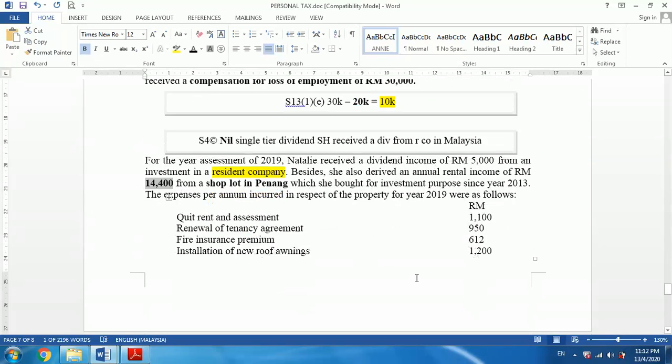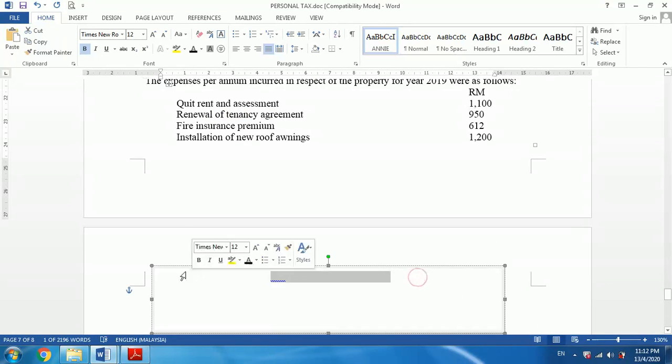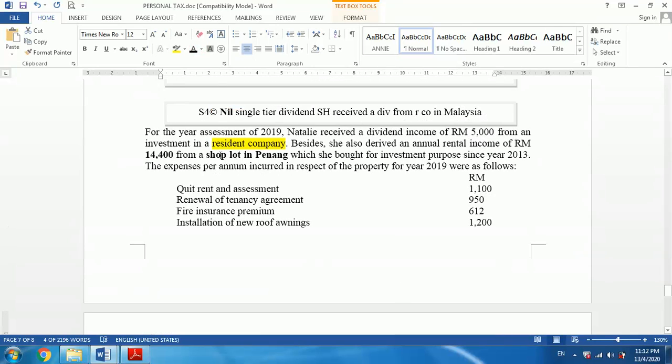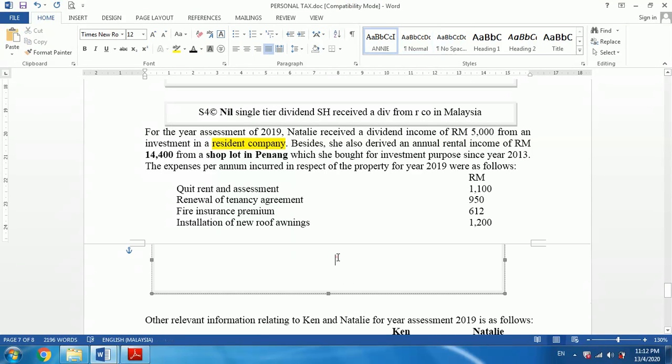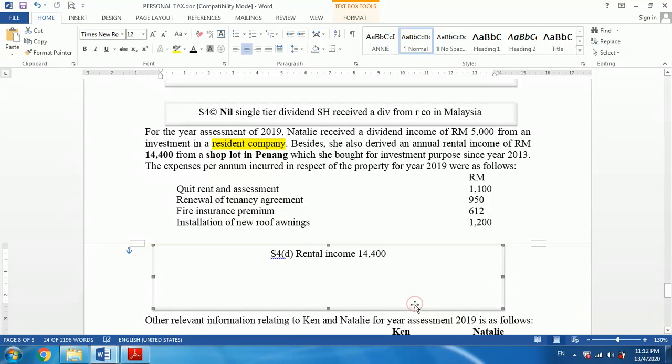So this will be considered an investment purpose, and will be under section 4D. So section 4D rental income, and the house is actually located in Penang. This is deemed derived from Malaysia. So this rental income will be recorded as Malaysian rental income under your section 4D. And we list out a few expenses here.